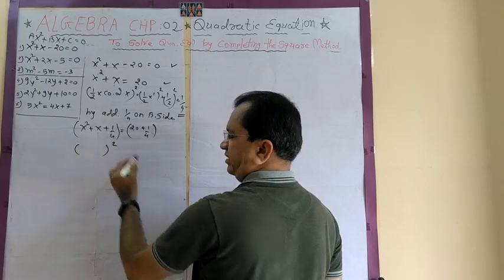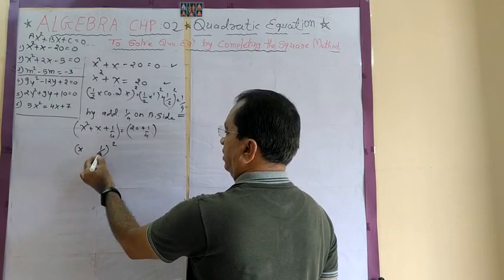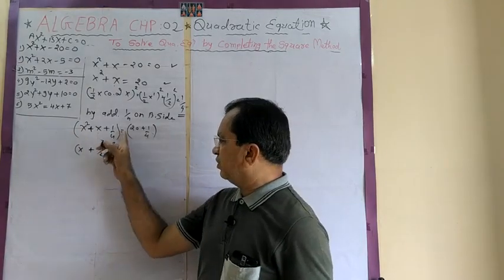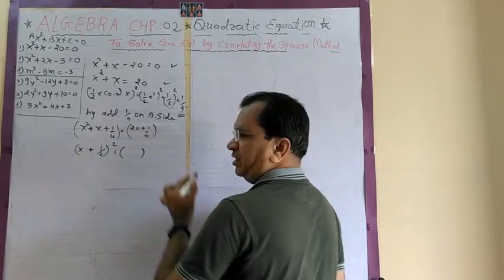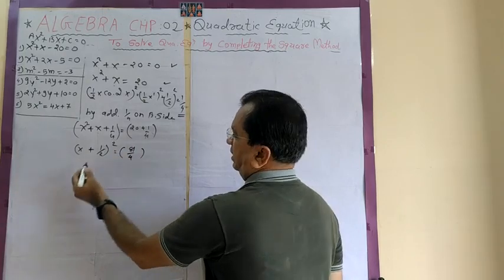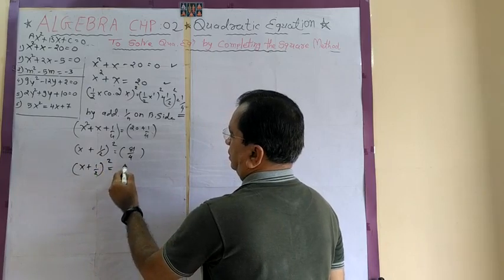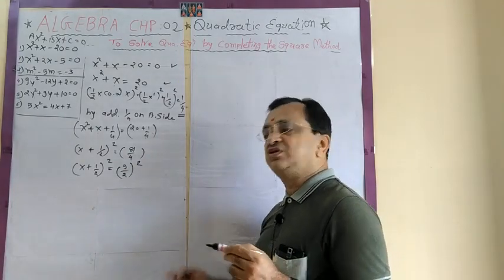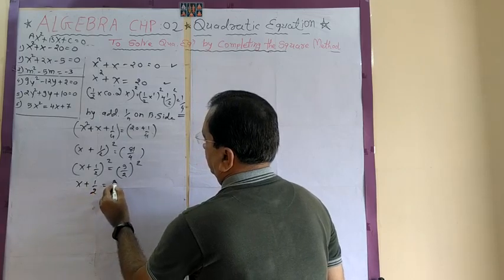Perfect square: square root of first number, square root of last number, sign of middle. 4 20s are 80, 80 plus 1, 81 by 4. Now this makes a perfect square. This is 9 by 2 total square. Now remove the square from both the sides. So it is x plus 1 by 2 equals 9 by 2.